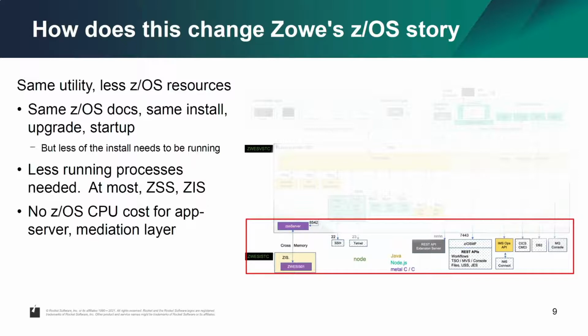Then things change from that point on, because the containers are going to have their own setup. So the z/OS story without containers doesn't really change at all. With containers, it's basically similar, but there's less going on because the rest of the servers have moved to containers.